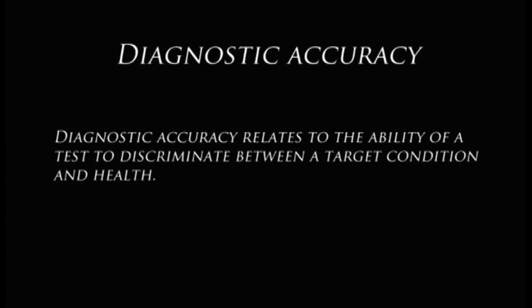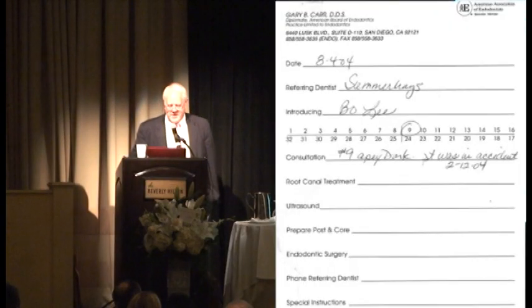But the other part of the definition, I still have a problem with. It's not distinguishing between a target condition and health, because you can't see health. You have to infer health. Now, your inference may be right, but it may be wrong too, as we'll see.